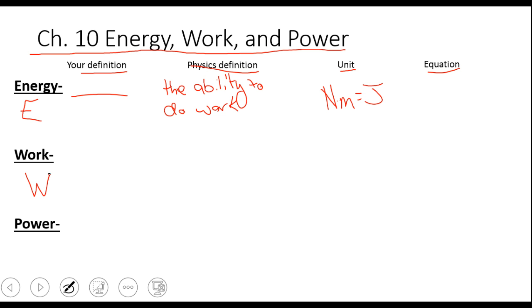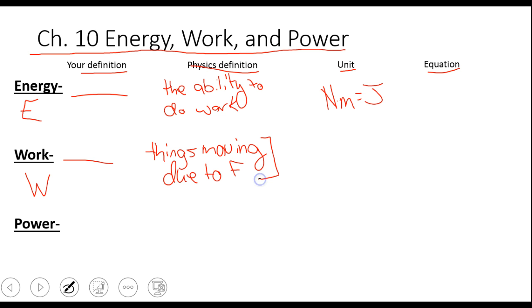Work is stuff moving, right? And so that's my definition, just stuff moving. And the physics definition is things moving due to a force. Work can also be known as the change in energy, and so I'd like you to add that to your physics definition.